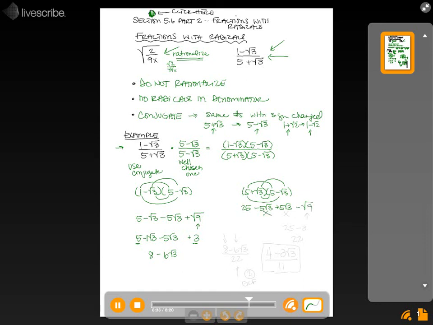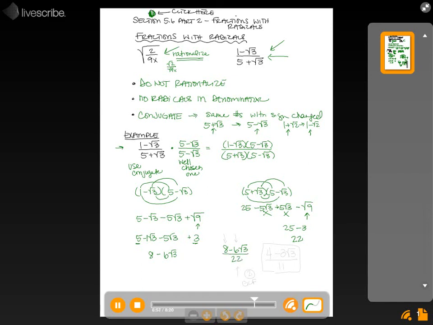The middle two terms cancel each other out, because one's negative, one's positive. They're identical to each other. And that final term becomes minus 3. So we are left with 25 minus 3. And 25 minus 3 is 22. So our answer to this problem is 8 minus 6 root 3 over 22.